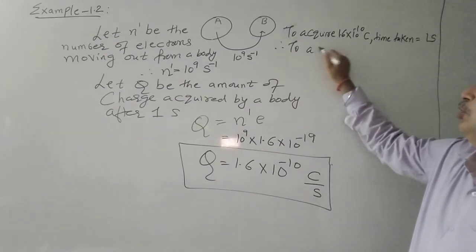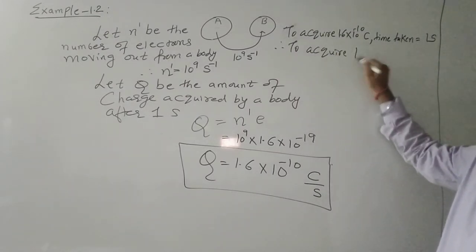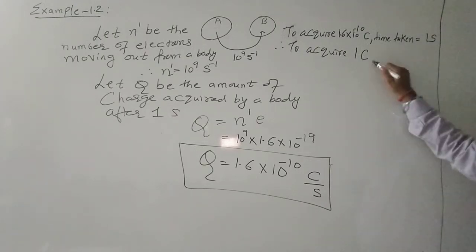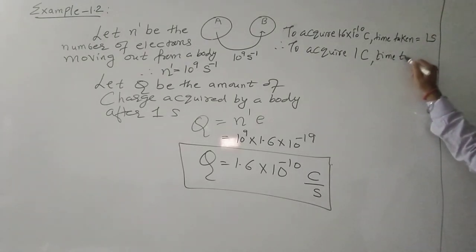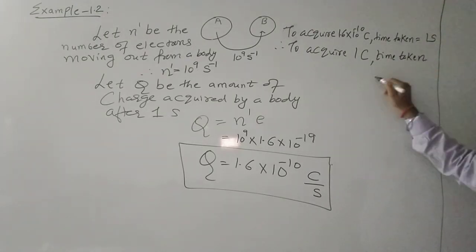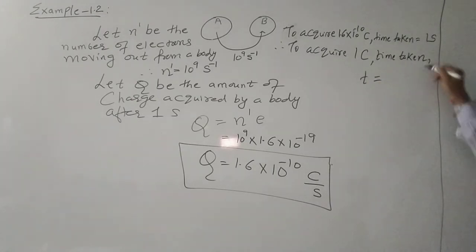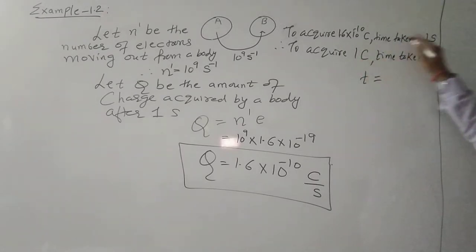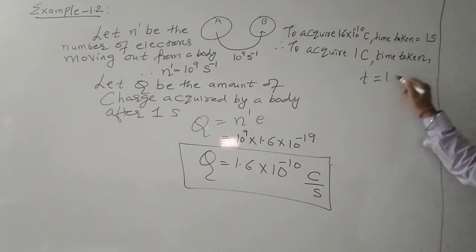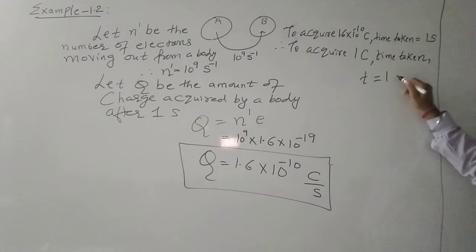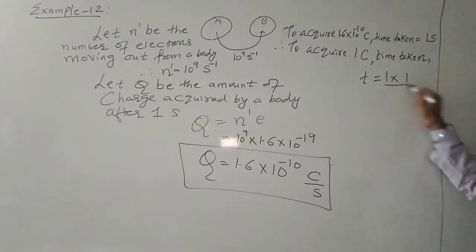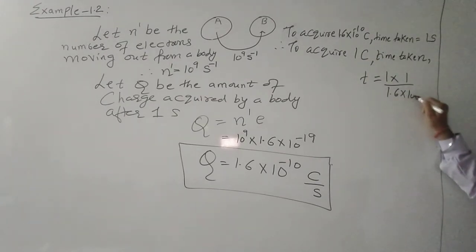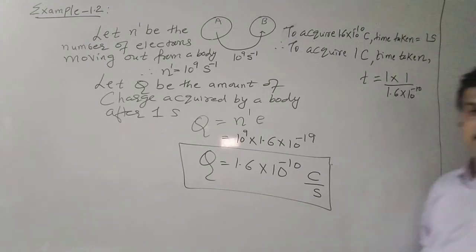Therefore, to acquire 1 coulomb charge, the time taken, let us give the symbol t, is equal to 1 coulomb multiplied by 1 second divided by 1.6 into 10 raised to minus 10.